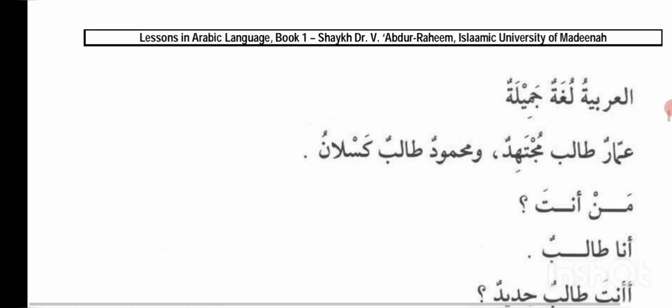So far in this lesson, we've been able to master certain words which will enrich our vocabulary bank. One of them is tajirun, a trader. Ghaniyun, rich. Jadidun, new. Tufahun, apple. Fakihatun, fruit.